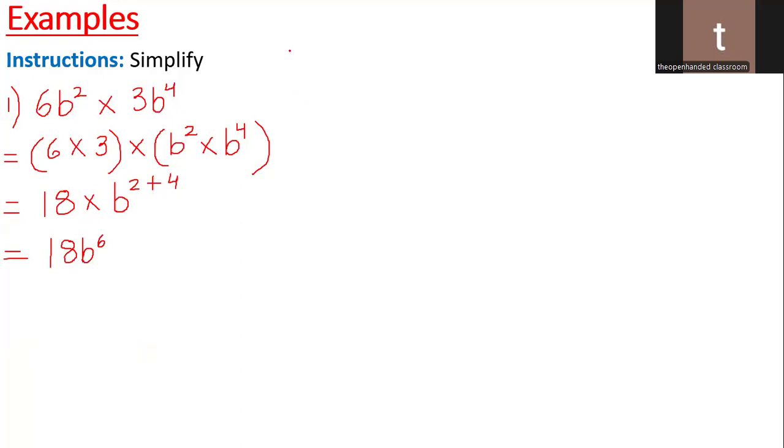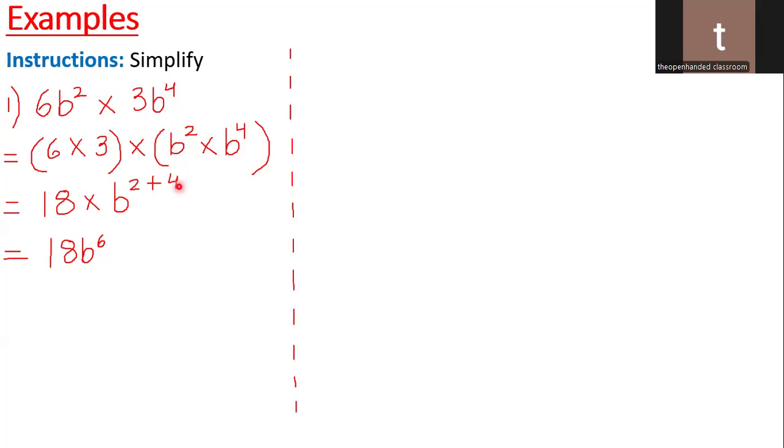Yes, sir. Mark, do you understand how we got our answer for this one? A little bit. Explain how we got 18 b to the 6. What did we do? You multiply 6 by 3, and then you multiply b2 by b4.